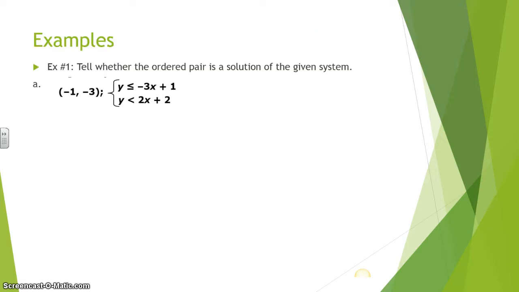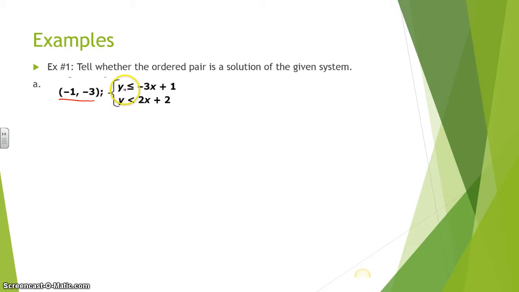Example 1, they want us to tell whether the ordered pair is a solution of the given system. We have the ordered pair (-1, -3) and two separate inequalities: y is less than or equal to -3x plus 1, and y is less than 2x plus 2.